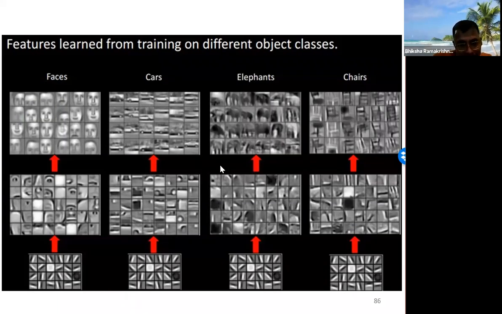Similarly, for elephants, these neurons get elephant parts. The higher level neurons get elephant-like structures. For chairs, these get chair parts, and these get chair-like structures. So again, as you get deeper in the net, the patterns that the neurons respond to are more complex and, in some sense, fuller.